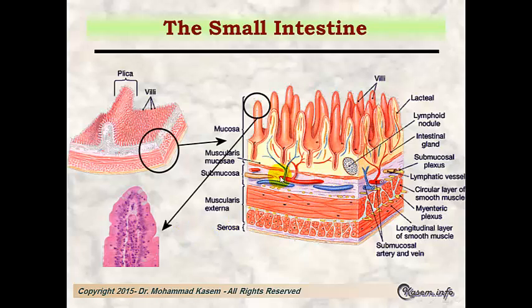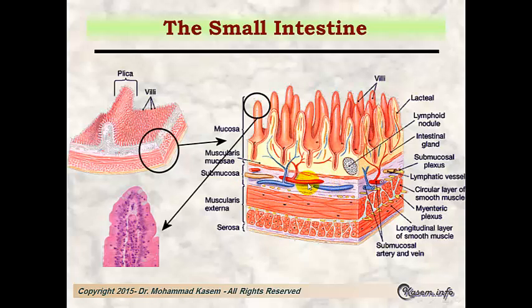We'll find also a layer of the muscularis mucosa, which is a smooth muscle layer within the mucosa of the small intestine. And then next the submucosa is a connective tissue.